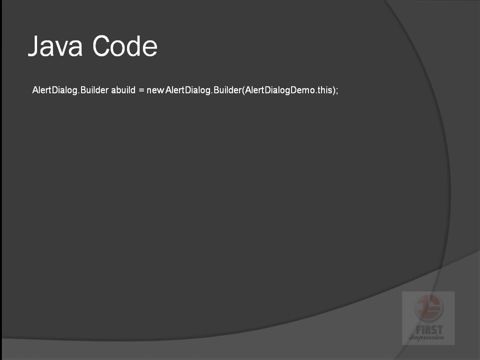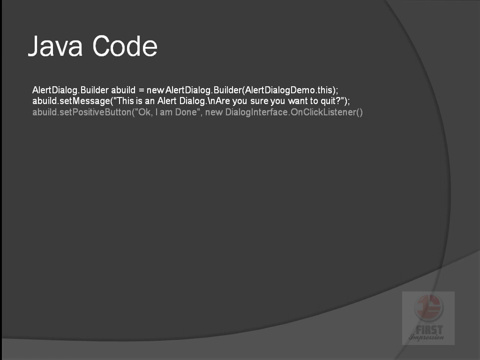Once the dialog is built, let's set up some properties of it. We'll say abuild.setMessage, "Are you sure you want to quit?" This will be the message on the dialog. Now the alert dialog can have 3 buttons: the positive button, the negative button, and the neutral button.